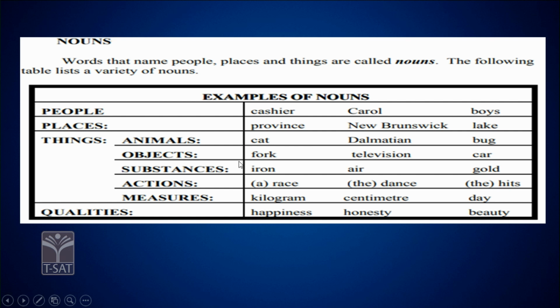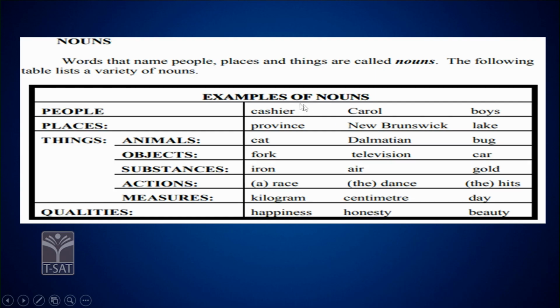As I told you, things will include several categories again, like animals, objects, substances, actions and measures, and qualities also. Now you see, I have given you 3 examples for each category. There are umpteen examples, and it is not possible for us to give all the examples in this brief session. So I gave you some of the instances by which you can follow them.